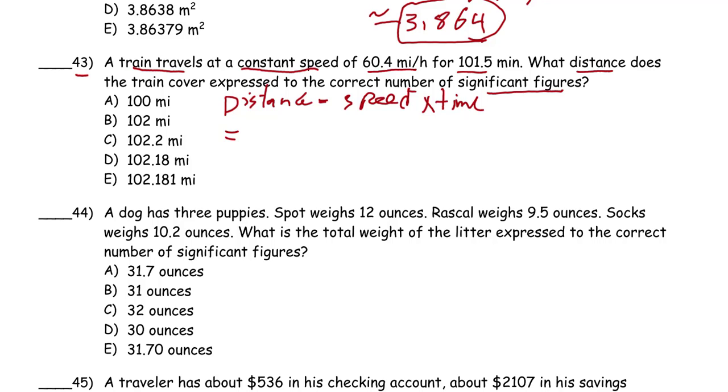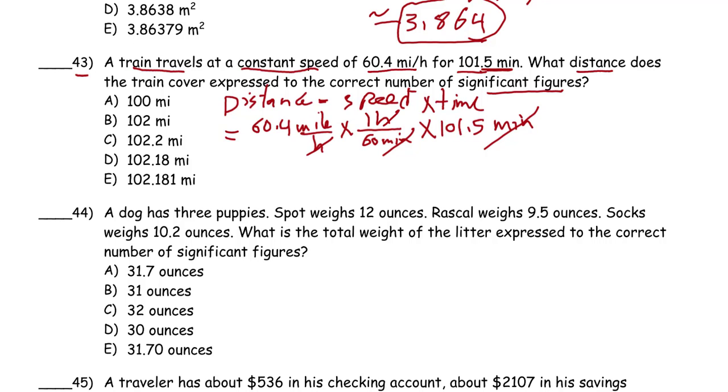Here speed is 60.4 miles per hour, and you have the time in minutes. Let's convert here, or use this conversion factor that 1 hour equals 60 minutes, times the time 101.5 minutes. So minutes goes with minutes, hour goes with hour.